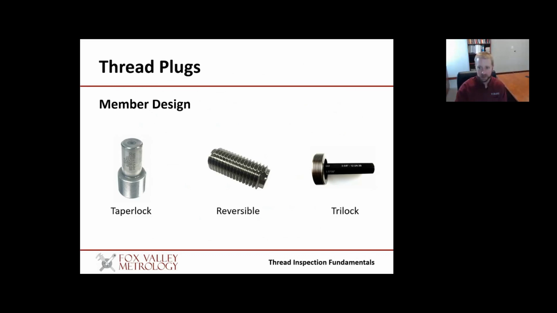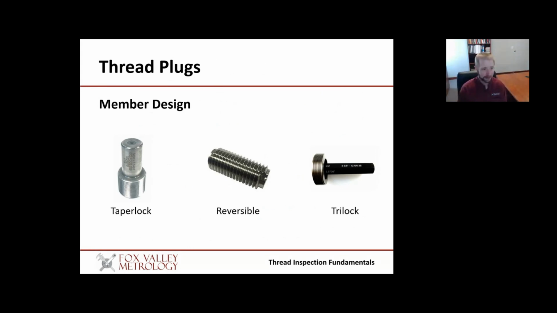And next, we have the tri-lock design. So basically what this is, there's a bolt that threads in along the axis of the member, and it locks it into the handle. So this system is really best suited for very large thread plugs, typically over an inch and a half, because simply put, there's not going to be a handle that's designed in a reversible or a taper lock design that can address rings that big, plugs that big.